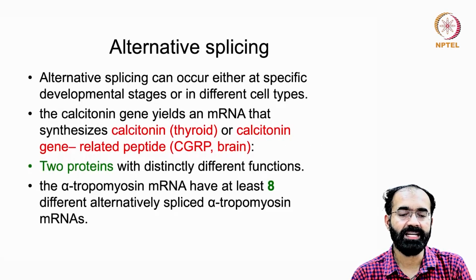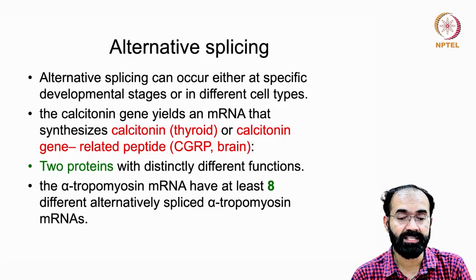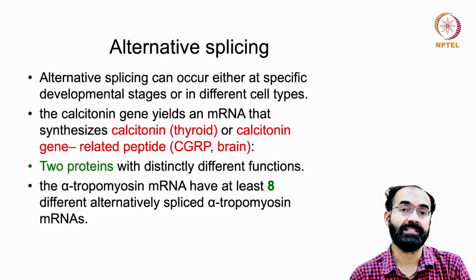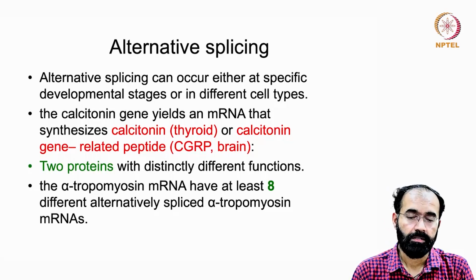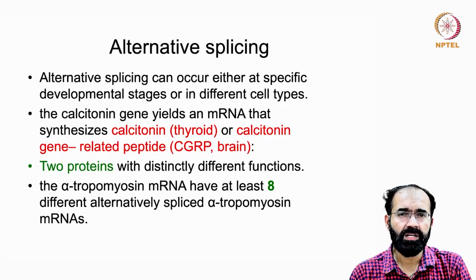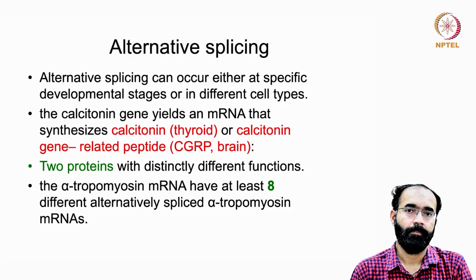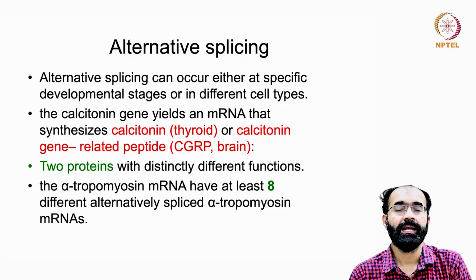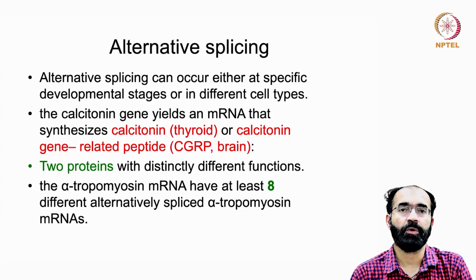So alternative splicing can occur either at specific developmental stages or in different cell types. Sometimes a given protein is needed only for maybe 2 days during development. Then dedicating a full-fledged gene for that can be counterproductive.